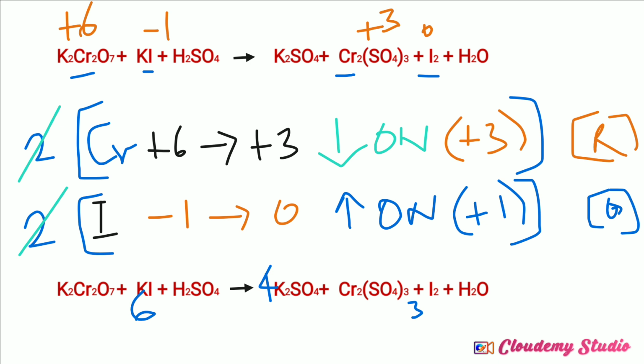When we multiply the sulfuric acid by 7, on the left hand side, how many hydrogen atoms are there? 7 times 2, 14 hydrogen atoms. But the right hand side has only 2 hydrogen atoms in water. Therefore, this water molecule needs to be multiplied by 7 times.